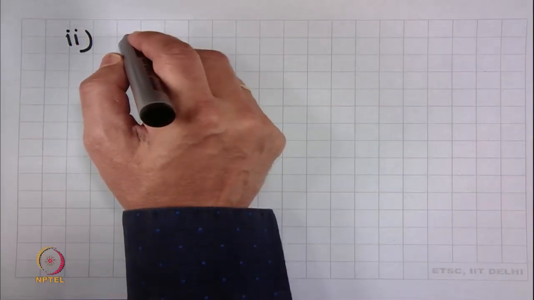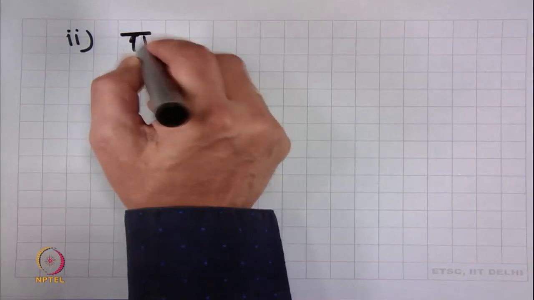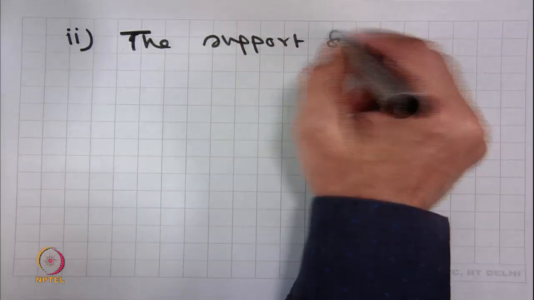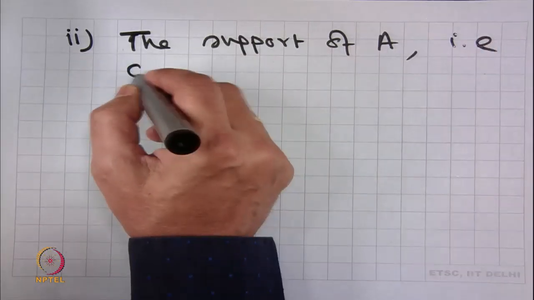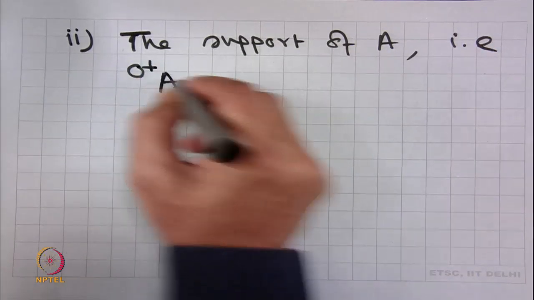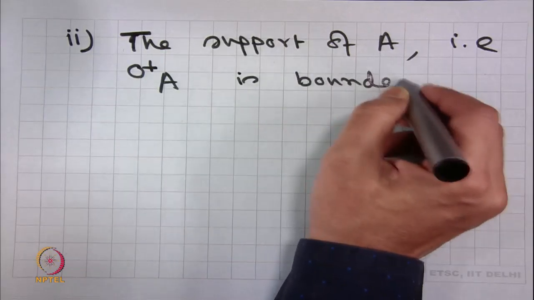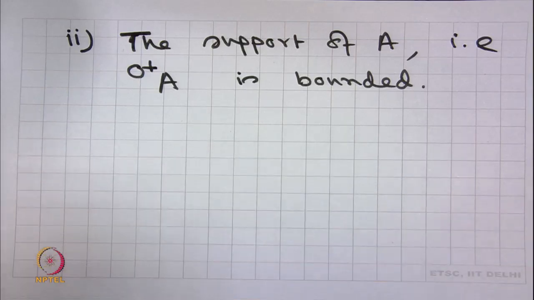We want to show that the support of A, that is 0 plus of A, is bounded. Proof: it is obvious.